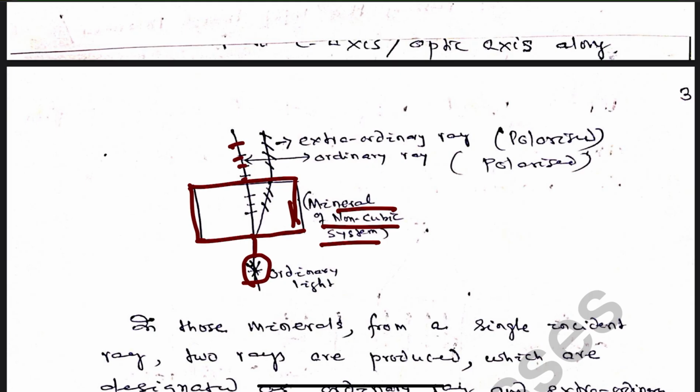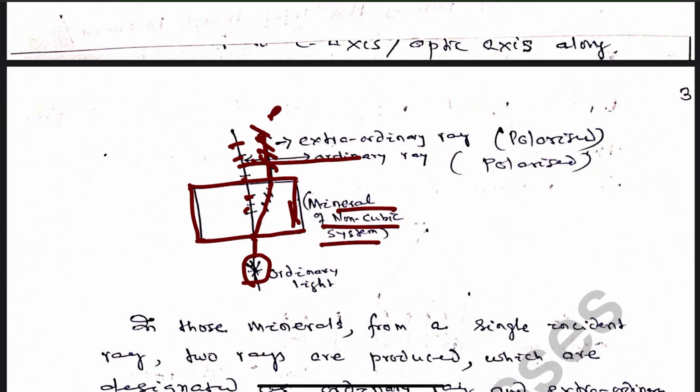One is obeying the rules of reflection and refraction, that is the ordinary ray, and the other ray, which is found to be deviated even at normal incidence, is the extraordinary ray, because of its deviation from normal incidence, disobeying the rules of refraction.